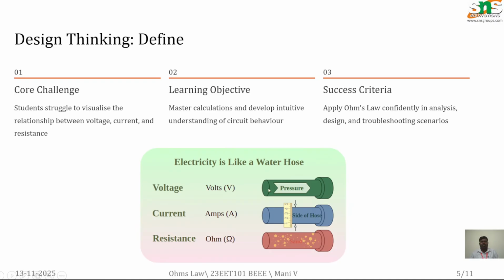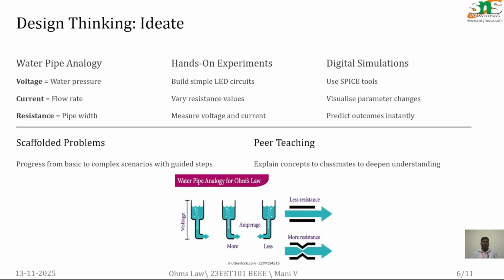The pressure, the potential energy given, is voltage, and the flow of water is current. The flow of water mainly depends on the diameter of the pipe and the resistance. If sand or some particles are present inside the pipe, they restrict the flow of water, which represents resistance.